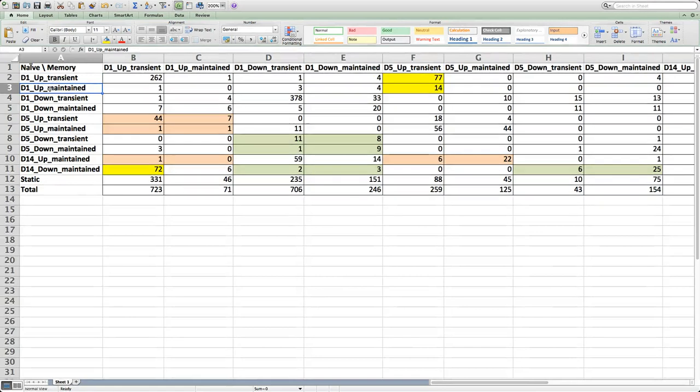Whereas day 1 up maintained would mean it went up at day 1, and then it never had a significant negative change at any time point after that. Negative relative to any previous time point. So it went up at day 1, and then all the possible comparisons after day 1: day 1 to day 5, day 1 to day 14, and day 5 to day 14. None of those were significantly negative.